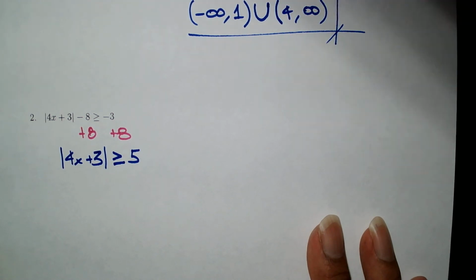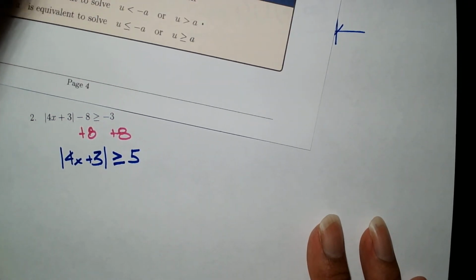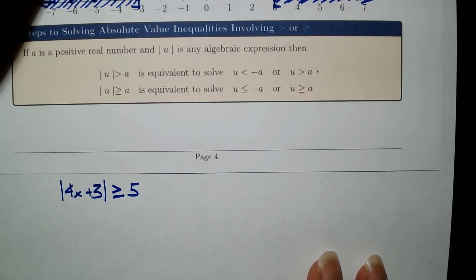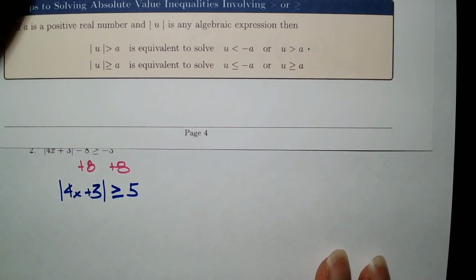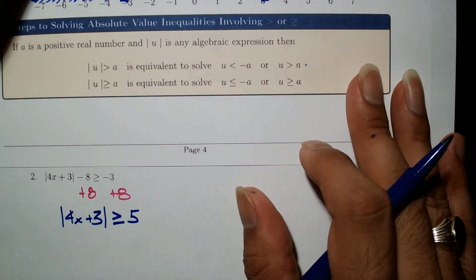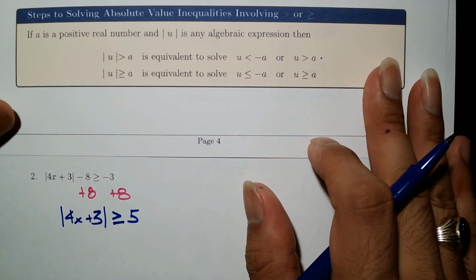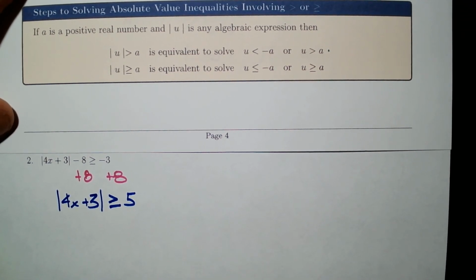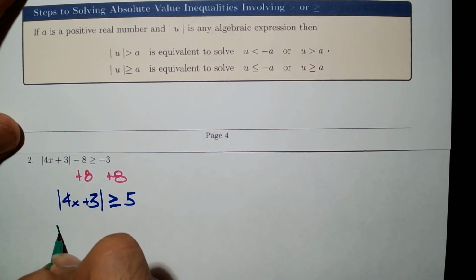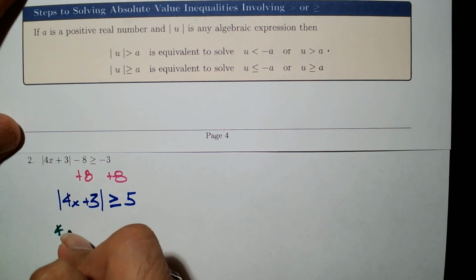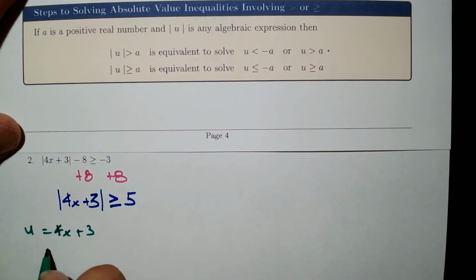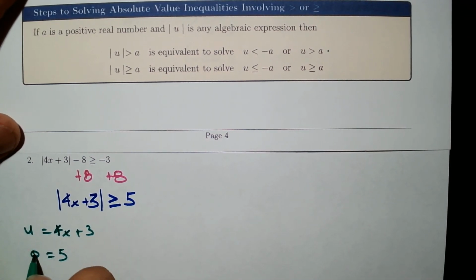Now, going back to these forms right here from the previous page, let's make some overlapping here so we can observe what is going to be what. So in this case, it is the expression 4x plus 3 which plays the role of u, and the number 5 which plays the role of a.